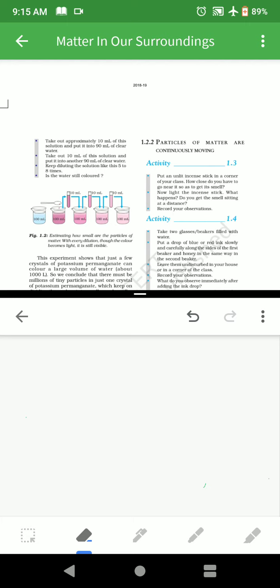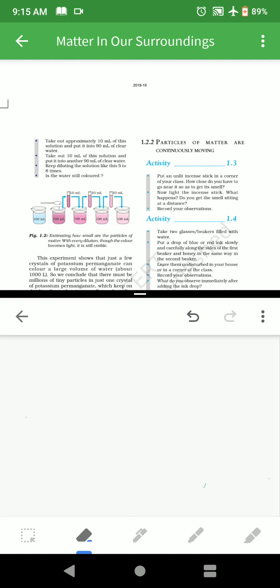So let's prove these characteristics, or let's see the characteristics of the particles of matter. To understand these characteristics, they have given some activity in our textbook. Let's see activity 1.3 to understand that particles of matter are continuously moving.